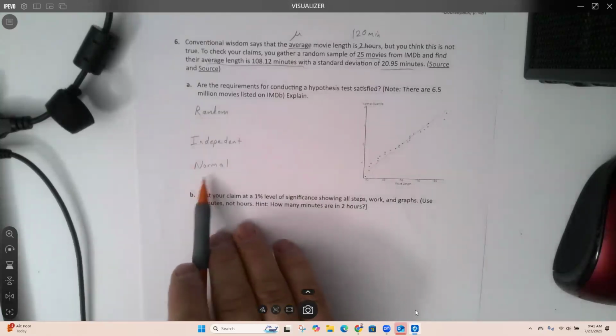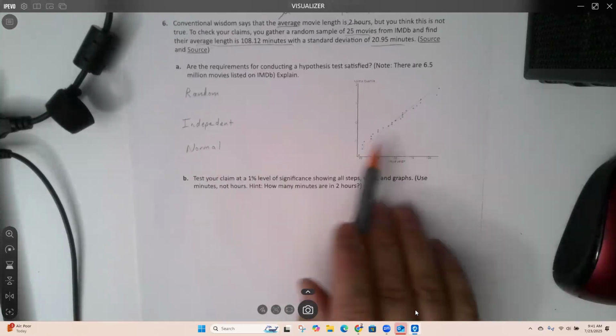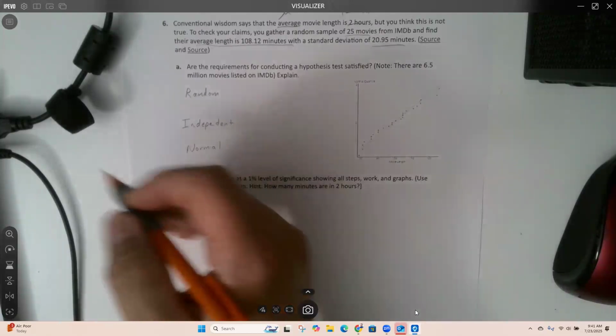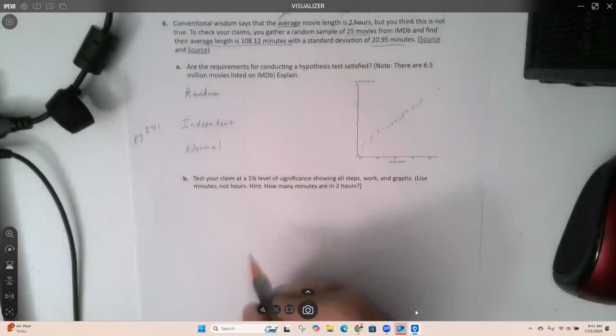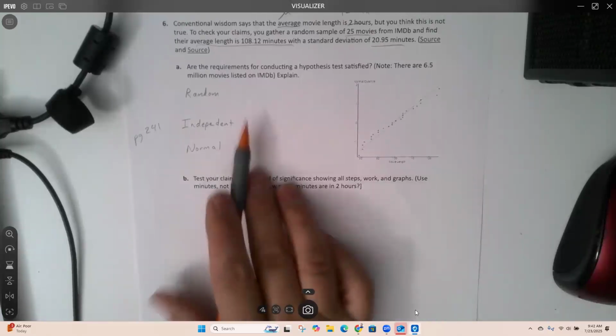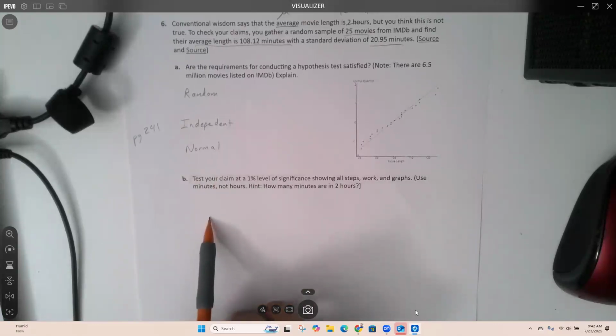Normal here is a little bit different because they actually gave us a graph. That's fine. All of this is on page 241.